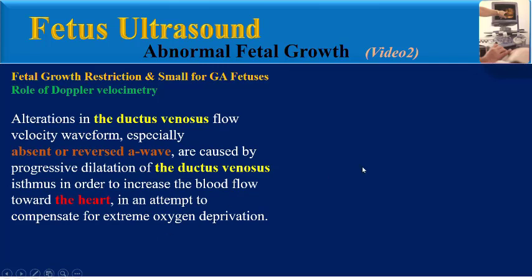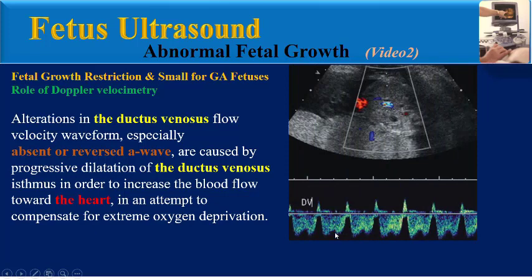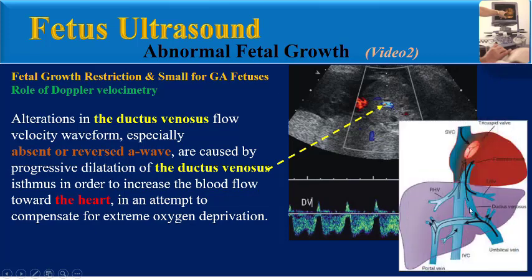Alterations in the ductus venosus flow velocity waveform, especially absent or reversed A wave, are caused by progressive dilatation of the ductus venosus isthmus in order to increase the blood flow toward the heart in an attempt to compensate for extreme oxygen deprivation.